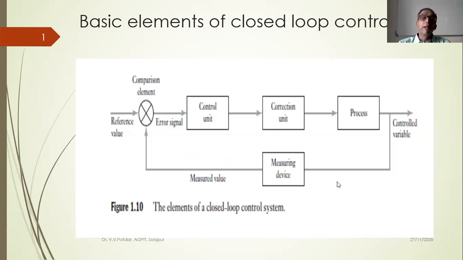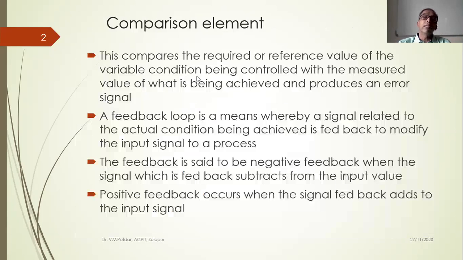Let us see one by one what each unit is. What is this comparison element? The comparison element compares the required or reference value of the variable condition being controlled with the measured value that is being achieved, and produces an error signal.